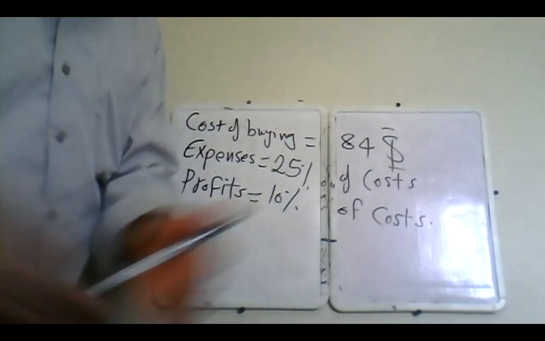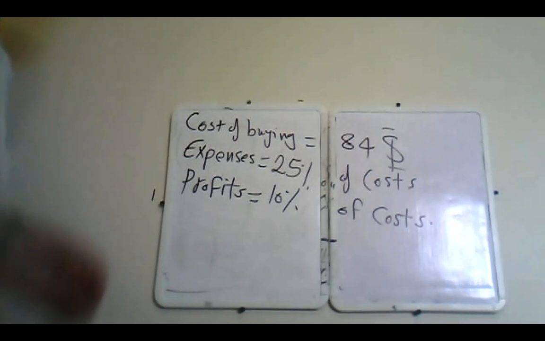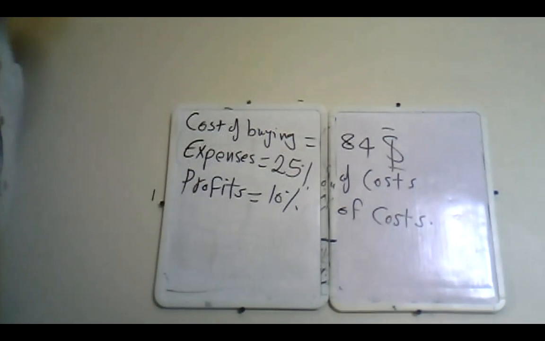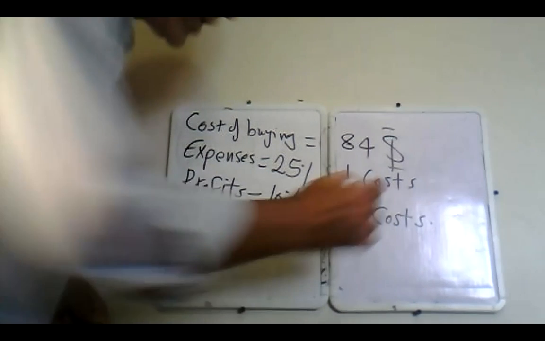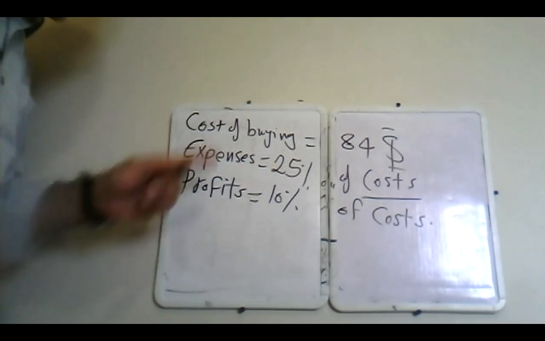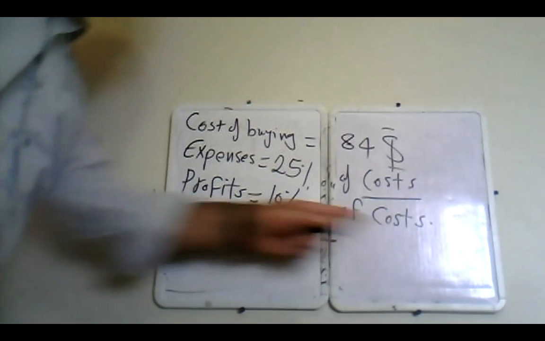The trader will decide what is his selling price. So we're saying the cost of buying is $84. That's fine. The expenses is 25% of costs. That's fine. Profits, which comes to up to 10% of costs as well.